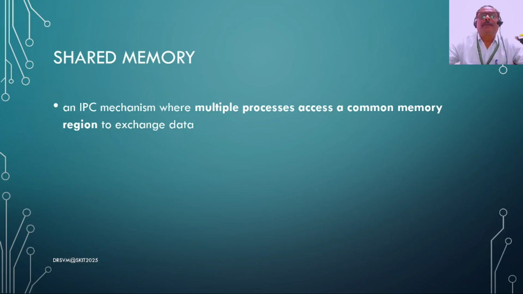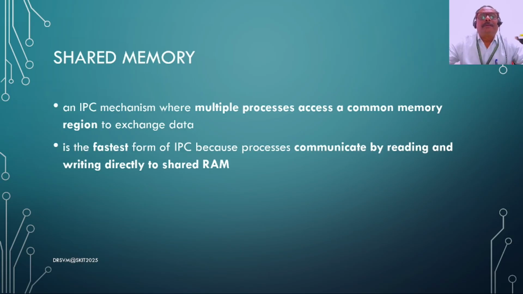One process can write onto this memory and another process can read from it, because both processes have access to that part of the memory. Through this we can make sure that the processes communicate with each other. This is the fastest form of inter-process communication, because it communicates by reading and writing directly to the shared RAM.